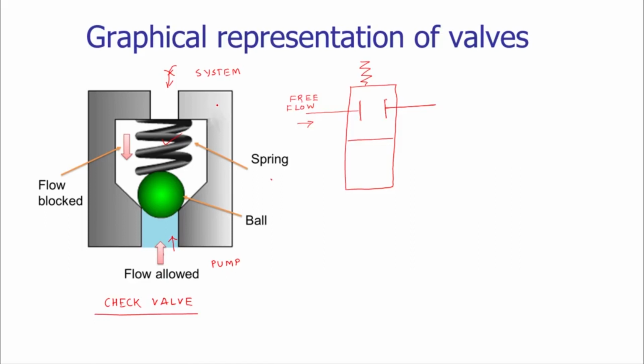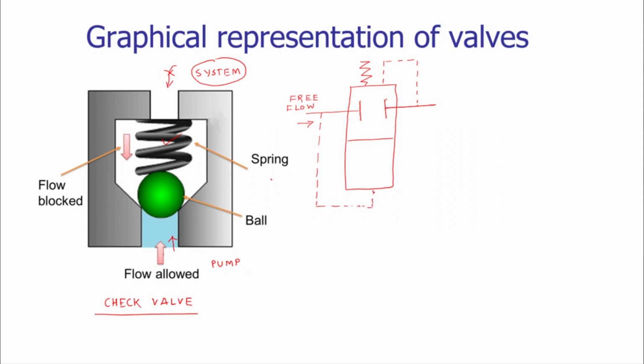It's not only the spring, it is due to the system pressure itself. The system is applying the pressure on this side. Due to that as well there is blocking. To designate that system pressure we are showing the dotted lines. So this is the default position of the check valve. But when the inlet pressure is more than the cracking pressure, let us consider a branch of the free flow is used as an actuation element itself.